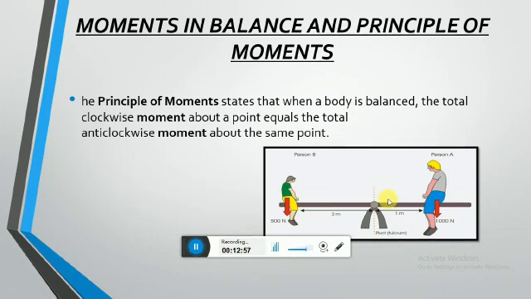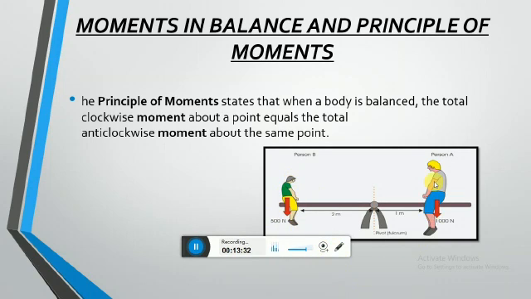But the weight of person B is less than person A, that is 500 Newton, or in other words around 50 kilogram, and he is 2 meter away from the pivoted point. So if we calculate its moment, 500 into 2, it gives us 1000 again, and his moment is counterclockwise or anti-clockwise, because it moves opposite to the clock.